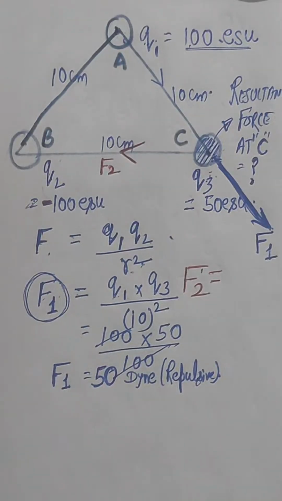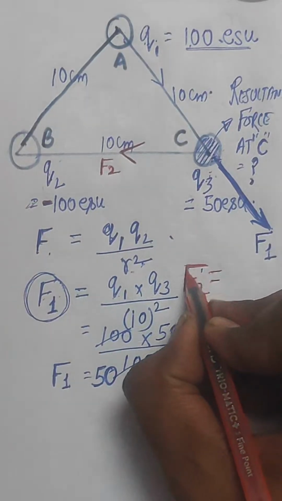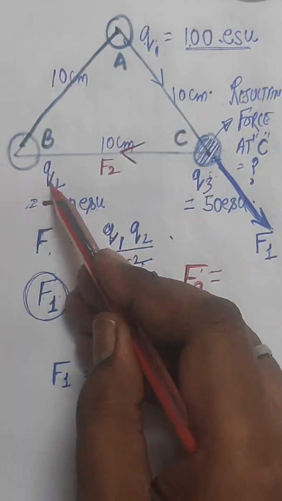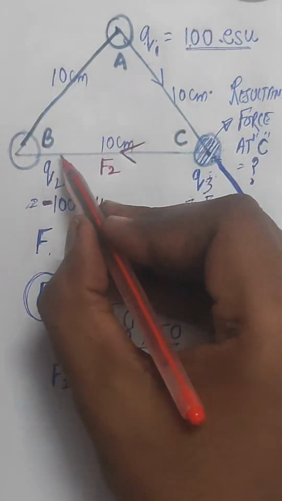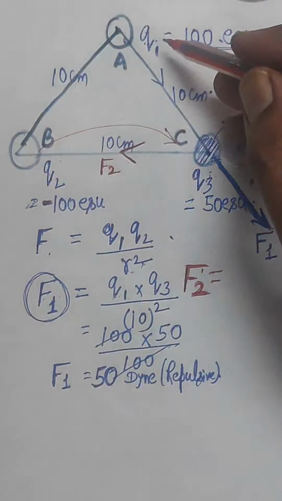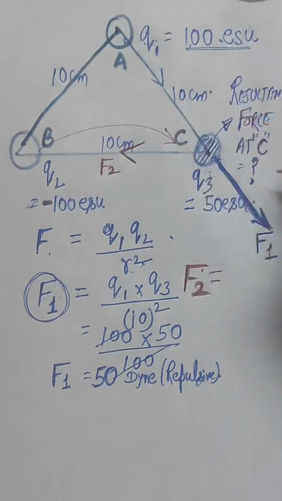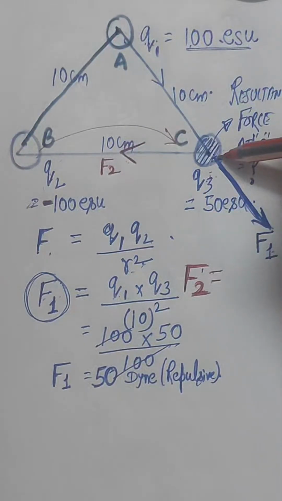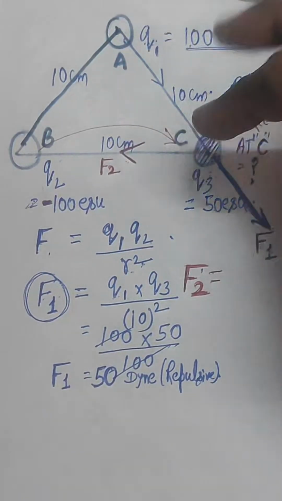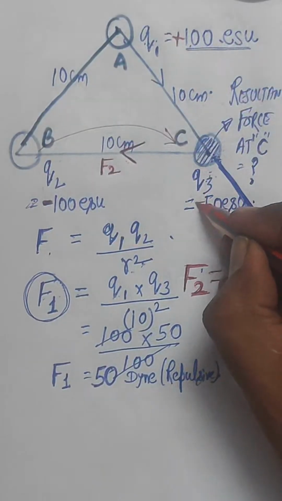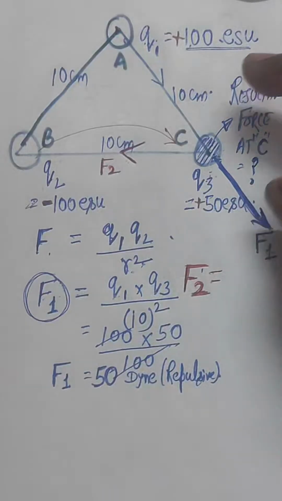Now here F2 is the force exerted by Q2 on this Q3, and F1 is the force acting by Q1 on Q3, and this will be repulsive in nature, because this is also plus 100 and this is also plus 50, right?